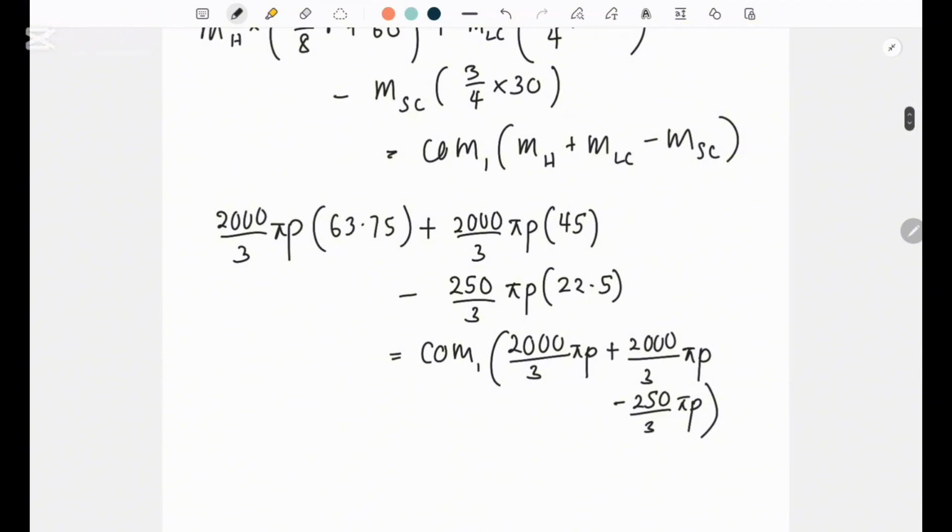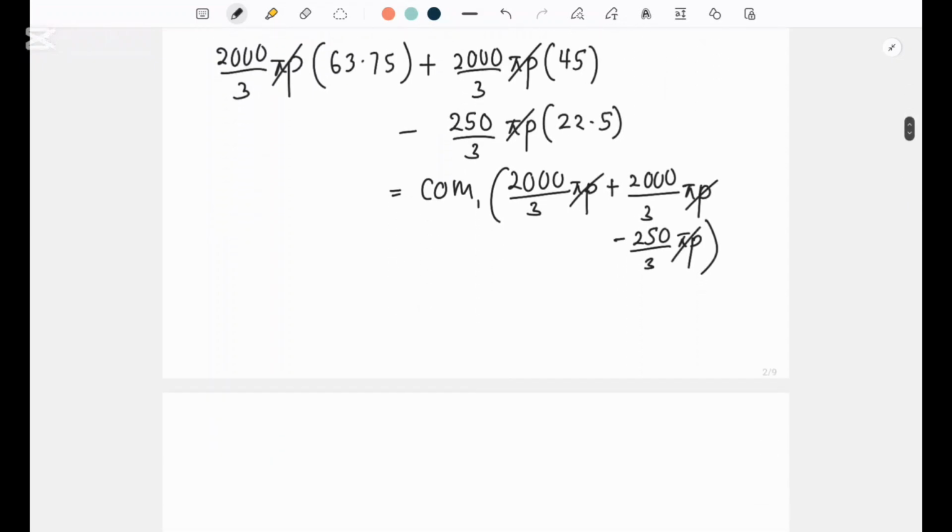So you can see pi p cancels off, right? It's common. So you just end up with a bunch of numbers now. Okay, so I get the center of mass as, so COM dash. Now remember, this is from the dark line I just labeled. It's not going to be your final answer, alright?